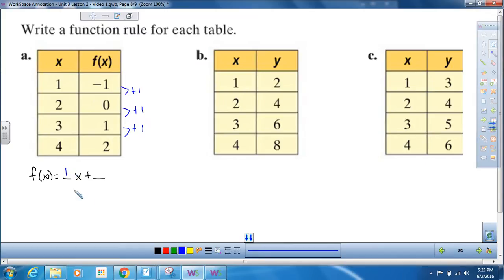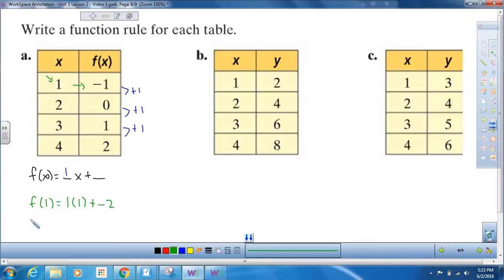All right. So now let's go and plug in this 1 here. So f of 1 equals 1 times 1. I'm plugging 1 in for x. And I need to figure out what do I need to add to that or subtract to get negative 1. Well, 1 times 1 is 1. So to get to negative 1, I have to subtract 2.